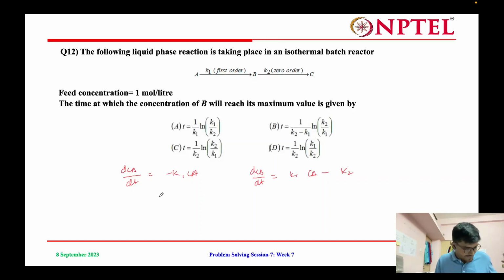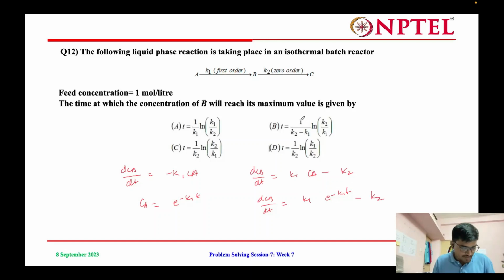So integrate these. Here CA0 is 1 mole per liter, given. So you will get CA equal to e raised to the power minus K1 t. Put this value of CA in this equation. So dCB by dt equals K1 e raised to the power minus K1 t minus K2.